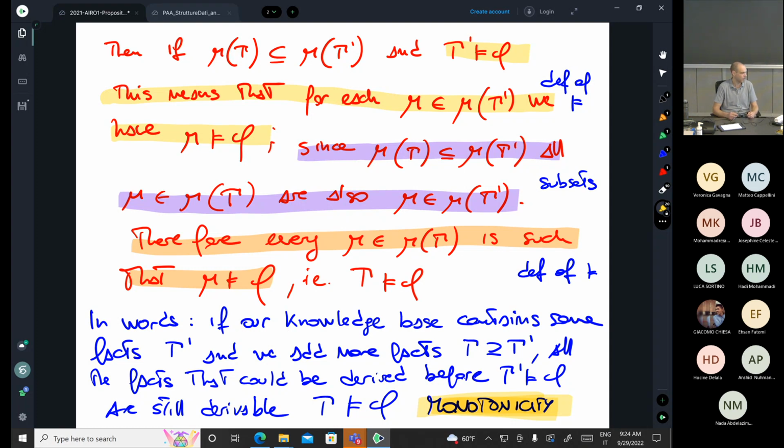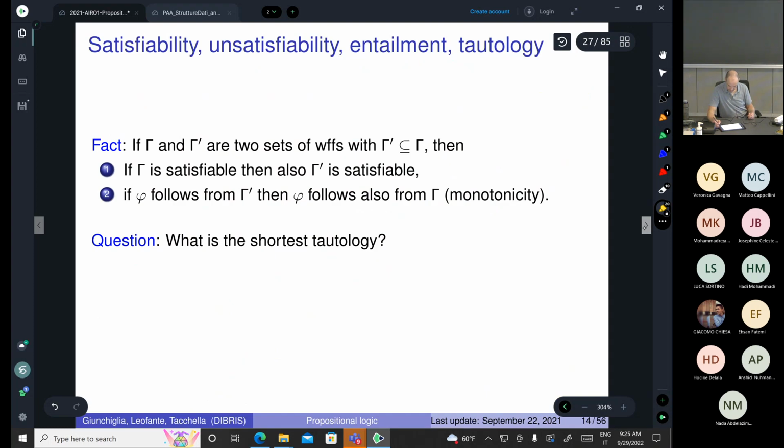So if you are modeling a world of digital circuits, or if you take the so-called closed world assumption, you say everything I know is this, and I cannot infer new facts that will break my knowledge base, then it is fine.